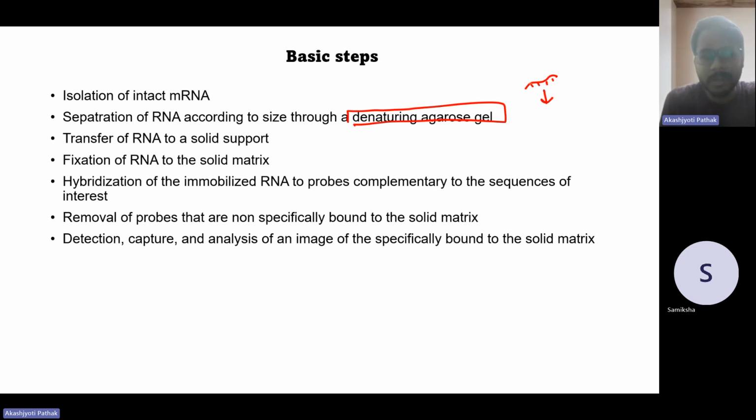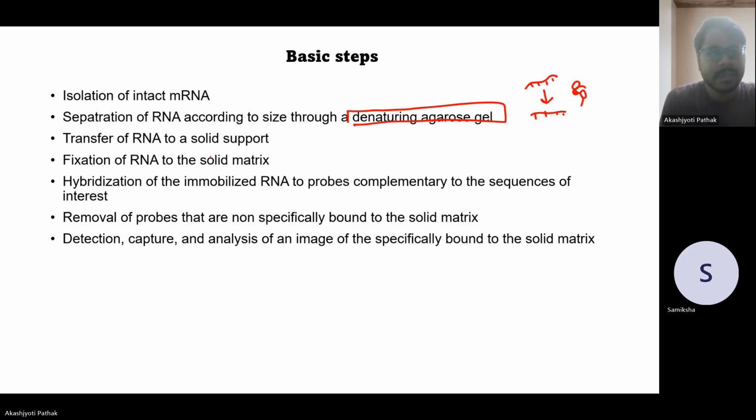To remove these secondary structures, you need to prepare a denaturing agarose gel, and this is prepared by dissolving the agarose in 37% formaldehyde. So all these single-stranded RNAs which have different conformations will get denatured and form a linear single-stranded RNA structure.